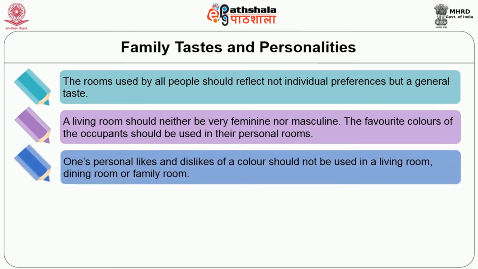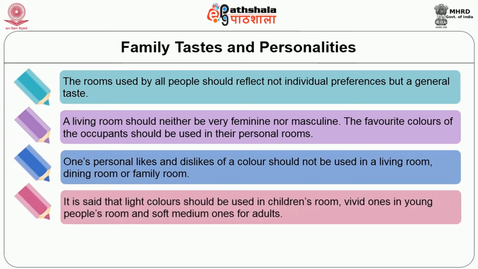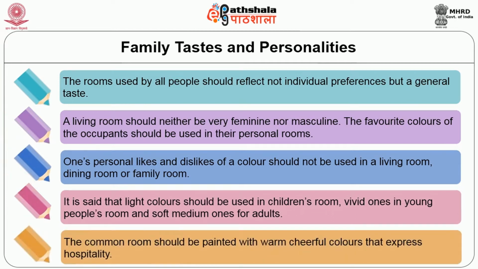One's personal likes and dislikes of a color should not be used in a living room, dining room, or a family room. It is said that light colors should be used in children's rooms, vivid ones in young people's rooms, and similarly soft medium ones for adults. The common room should be painted with warm, cheerful colors and express hospitality.